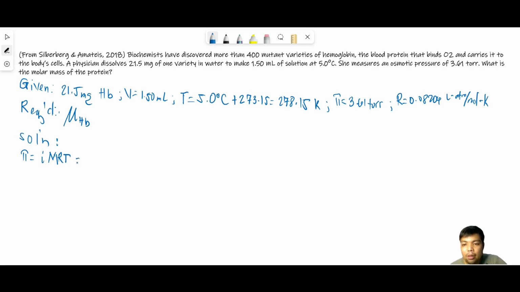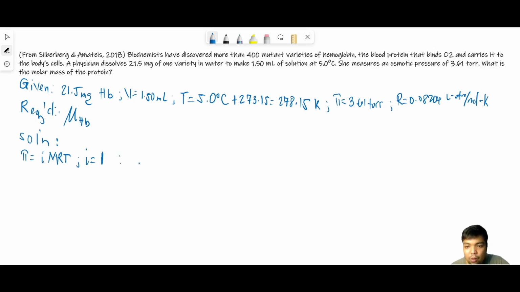Since hemoglobin is a protein and thus a biomolecule, it is assumed to be a non-electrolyte, thus its Van't Hoff factor is equal to 1.